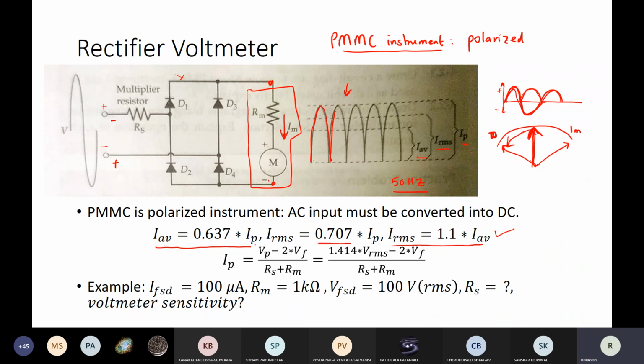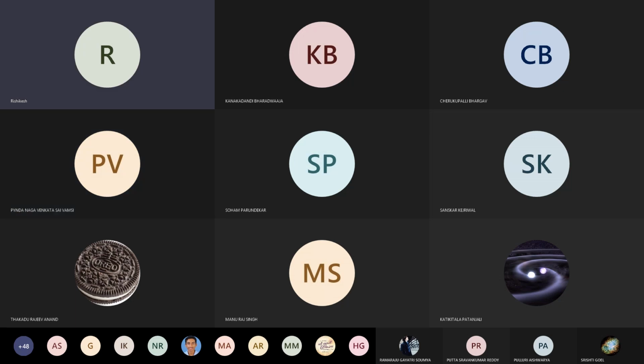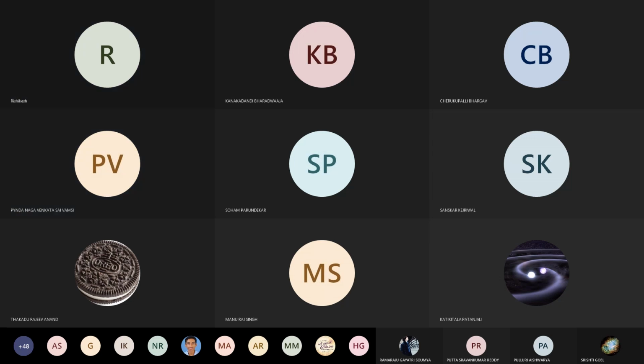Can someone tell why we are interested in RMS? It would involve all the values, positive and negative. If we take the average, it may give us zero. What is the physical significance of the RMS value?